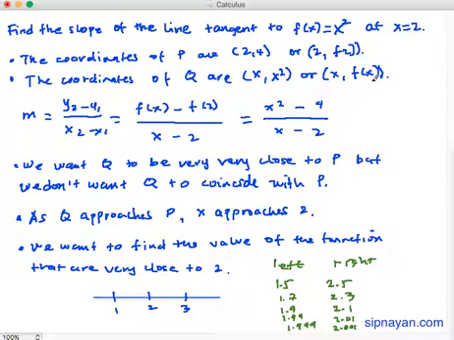At meron kang x, f of x, makukuha mo na yung actual na slope ng PQ for a particular point. For example, ang x mo ay 1.99. So, 1.99 squared minus 4 divided by 1.99 minus 2. So, yun na yung magiging slope mo. Ibig sabihin, ma-approximate mo siya by making x as close to 2 as possible.